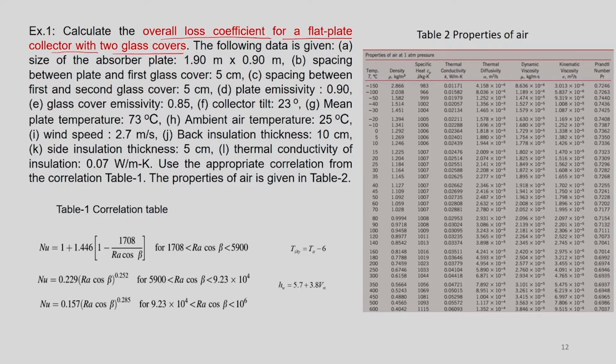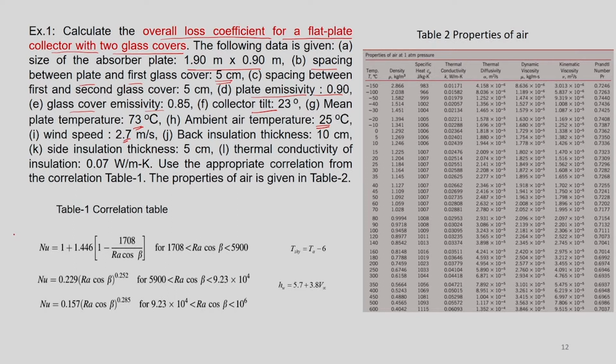The following data is given: the size of the absorber plate, the spacing between the first glass and the plate, the spacing between the first and second glass, the plate emissivity, and the glass cover emissivity. Tilt angle is given, and the mean plate temperature is given as 73 degree Celsius. Ambient air temperature is 25, wind speed is 2.7 meter per second, back insulation thickness is 10 centimeter, side insulation thickness is 5 centimeter, and thermal conductivity of insulation is 0.07 watt per meter Kelvin.